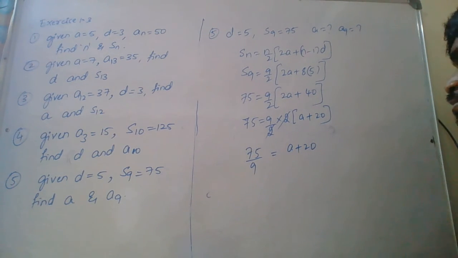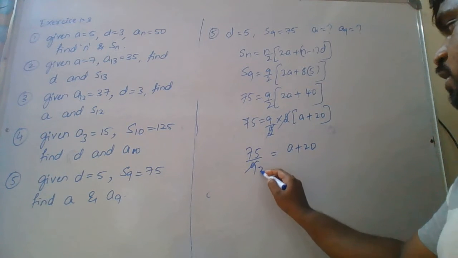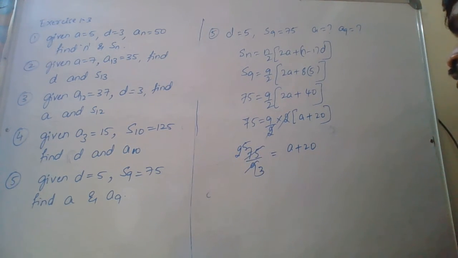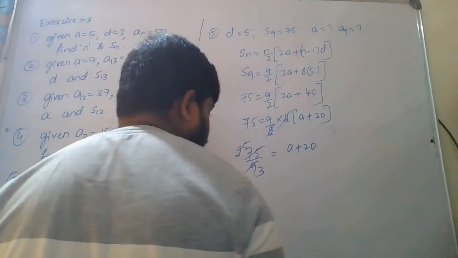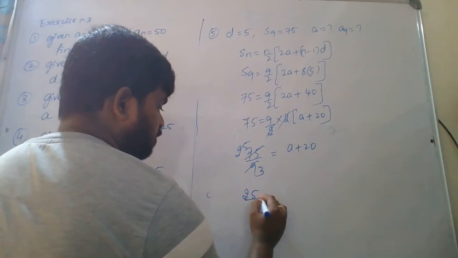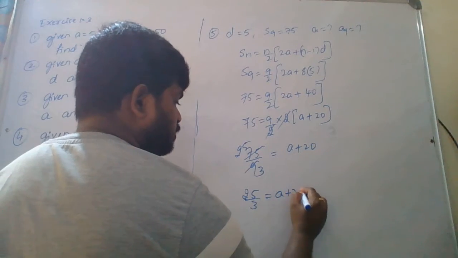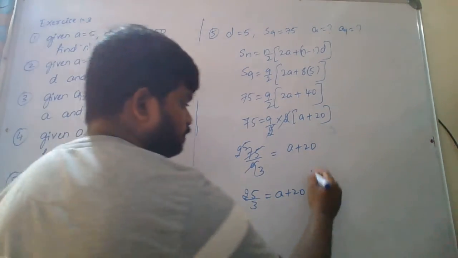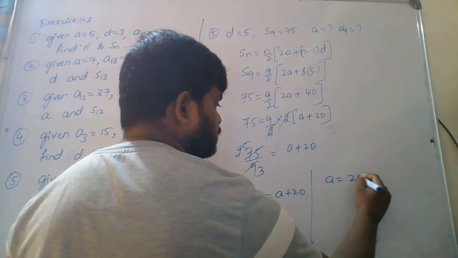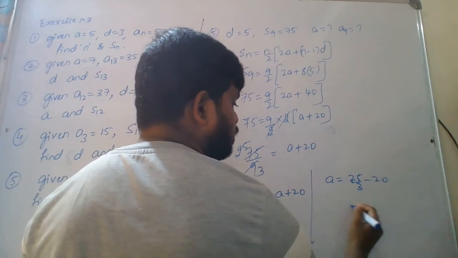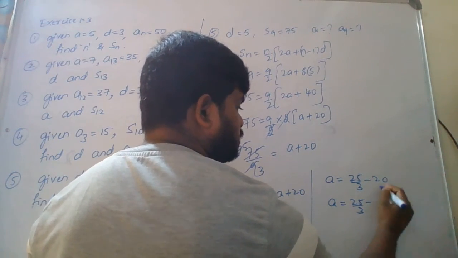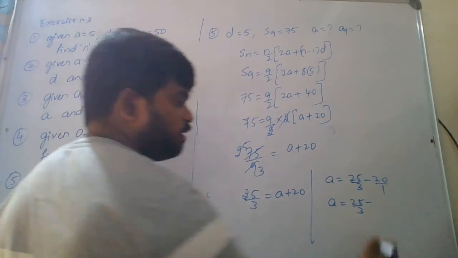So 3 3s are 9, 3 25s are 75. So 25 by 3 is equal to a plus 20. Take the 20 to the other side. Therefore, a is equal to 25 by 3 minus 20, which becomes 25 by 3 minus 20 by 1.